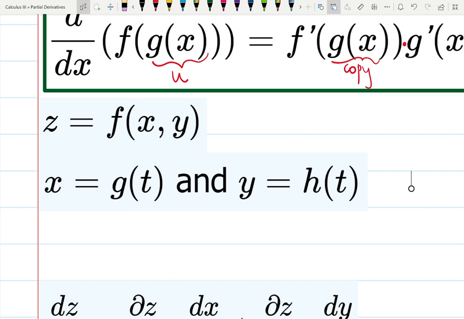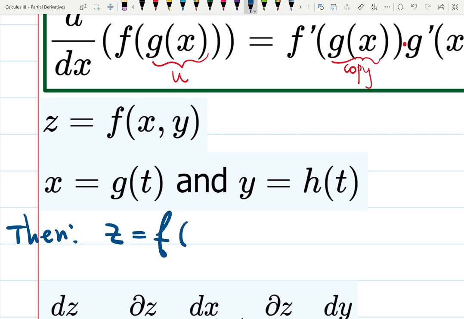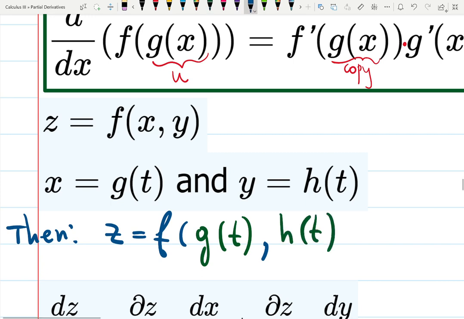Let's try that. So what I'm talking about, those are upper dimensions. Then z becomes a function f at x, but x is the function g that depends on time t, comma, y, but y is the function h that depends on time t, like so.